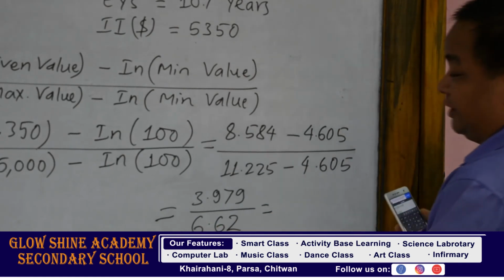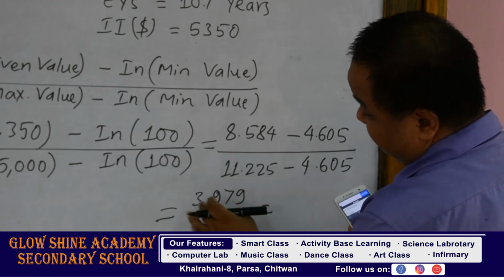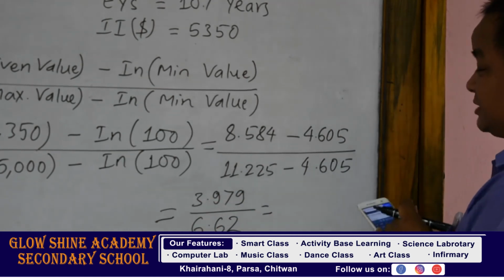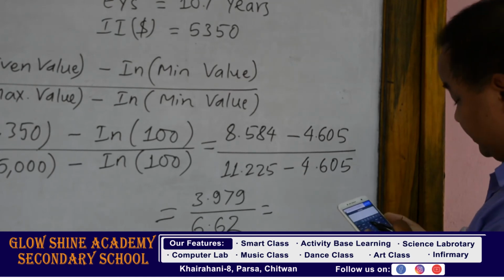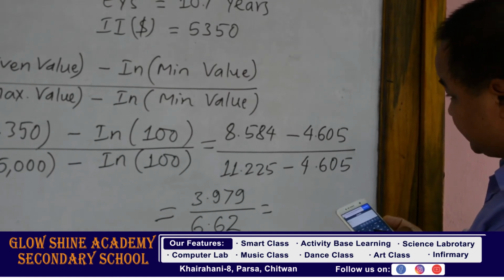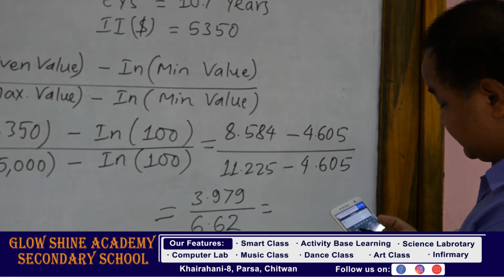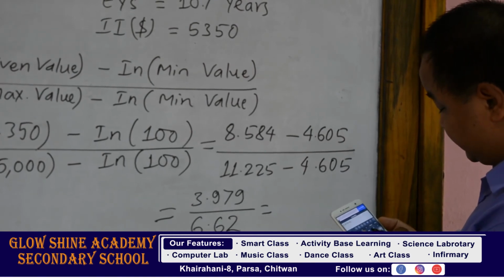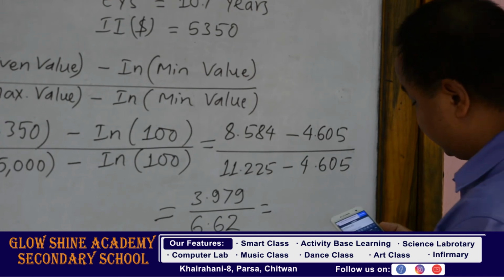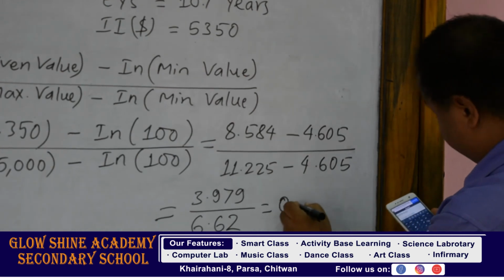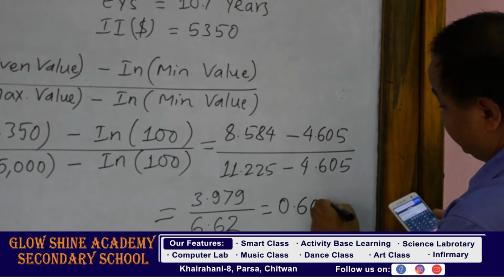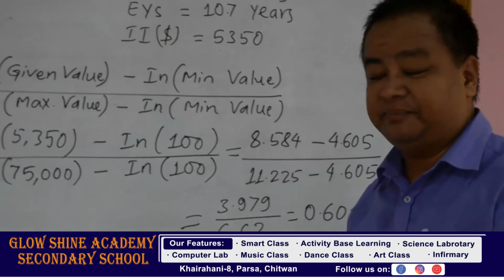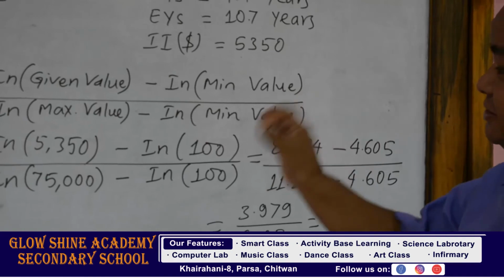Now we can divide 3.979 by 6.62. 3.979 divided by 6.62 is 0.601. Well, this is the value of income index of the given country. This is step 3.